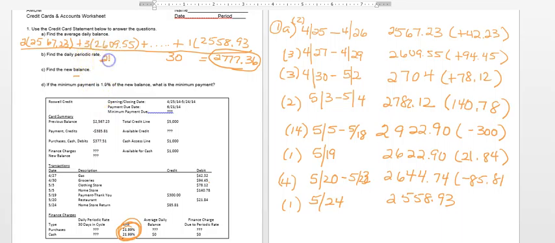So I just take that 21.99 and divide it by 365. And when you do that, you want to take all the decimals. So this is going to give me 0.06025%. And that is the rate in terms of percent. Let me pause this, clear my board over here, and I'm going to show you how to find your new balance.